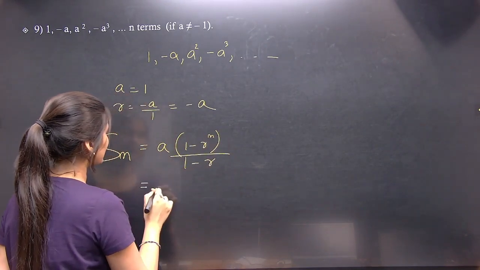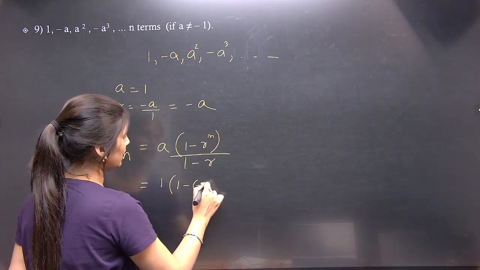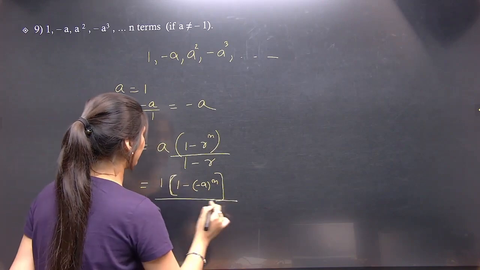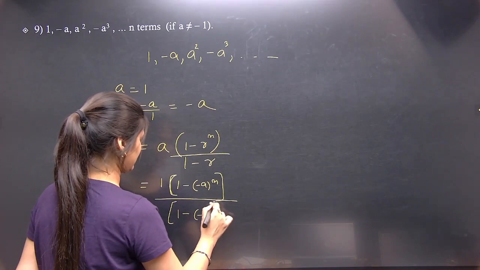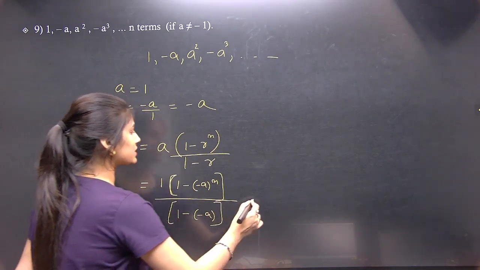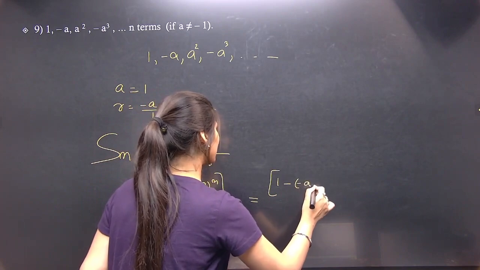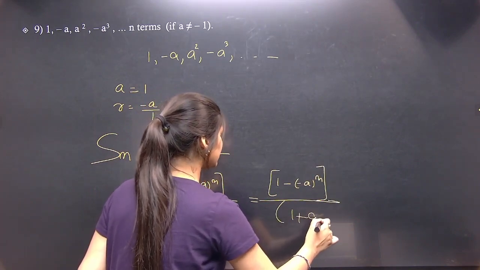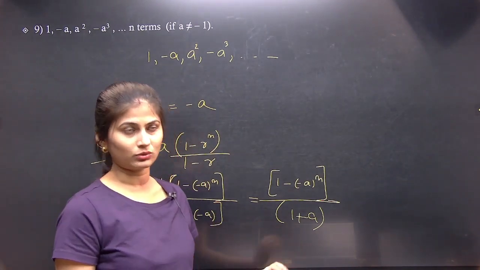So it is 1 minus (minus a) to the power n by 1 minus r, that is minus a. So it is 1 minus (minus a) to the power n, and at the denominator we have 1 plus a. That's it. Since it is not in square root, you can leave it like this only.